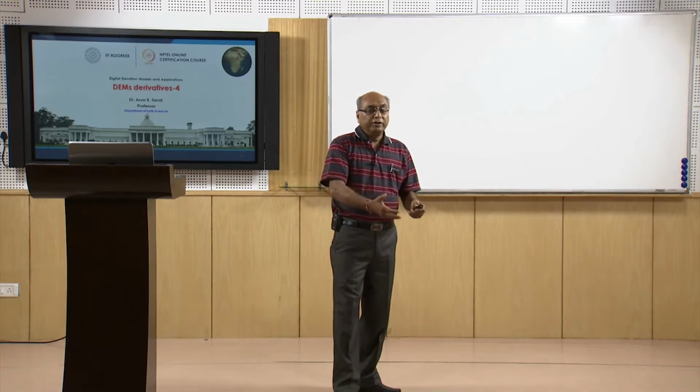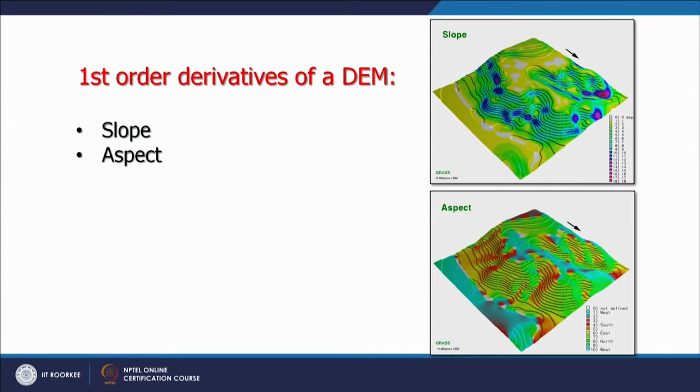Basically the derivatives which are quickly derived. Generally they are used, and an example of a first order derivative is a digital elevation model, where you do not go for next step processing; just first stage processing will produce these derivatives. That is why they are called first order derivatives. The slope map may be one of the first order derivatives, then aspect, and examples are also coming on the right side, and then hillshade, that is a shaded relief model, which is again first order derivatives based.